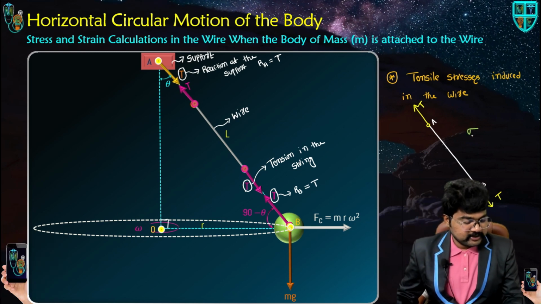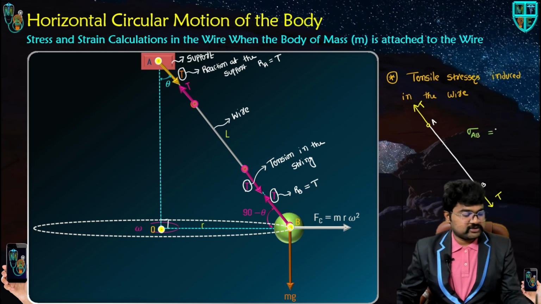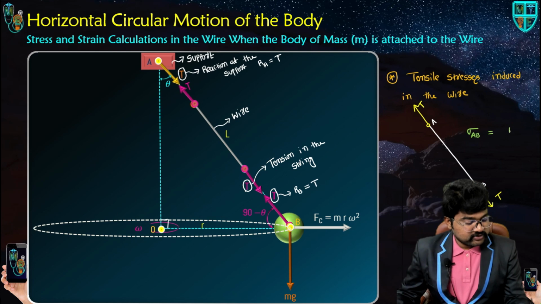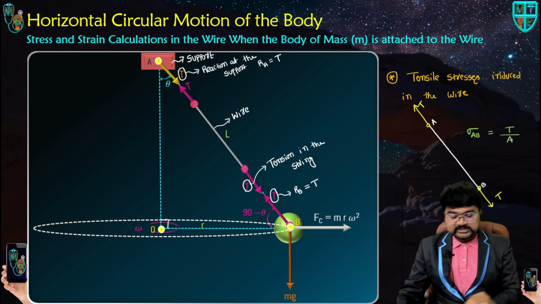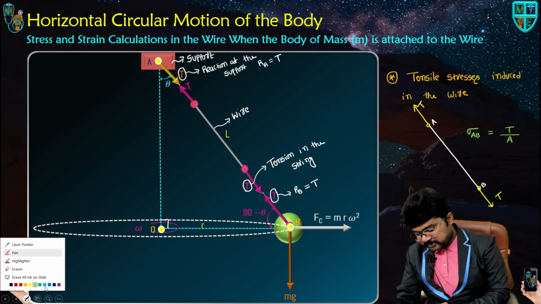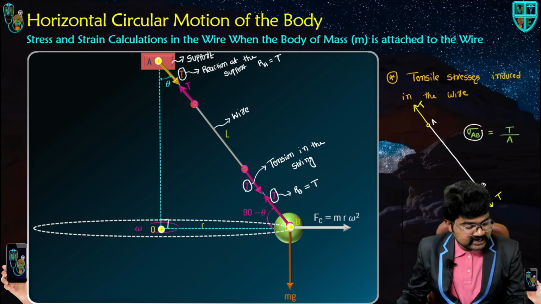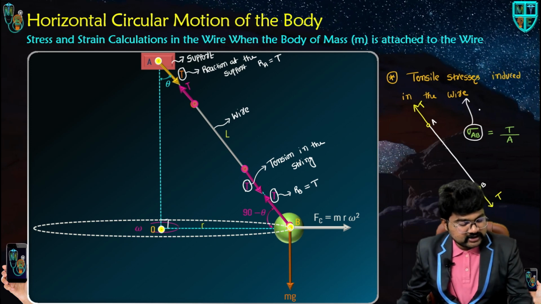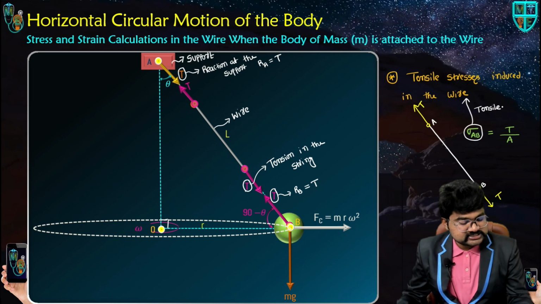Sigma AB, this is tensile stress. Here the load acting on the wire is the tension in the string, divided by the area of cross section. This is tensile in nature and it is positive.